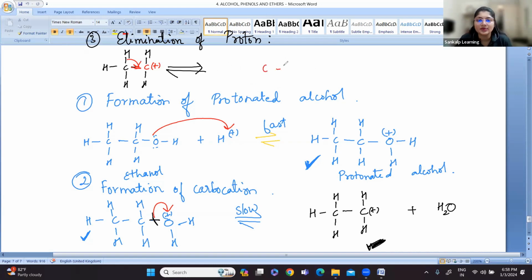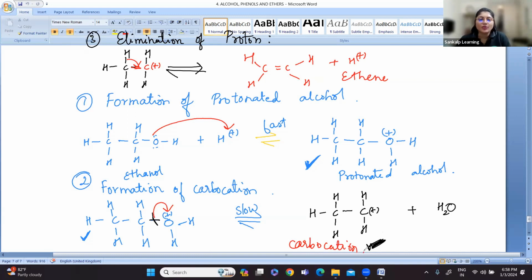So C double bond C, H, H, H, and H. Okay. So this is our what? This is our ethene. Ethene plus H plus. Okay. So this is a carbocation. Understood? Yes. So for the 3 marks, 3 steps for the 3 marks.